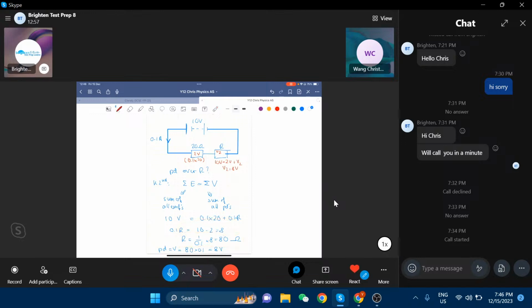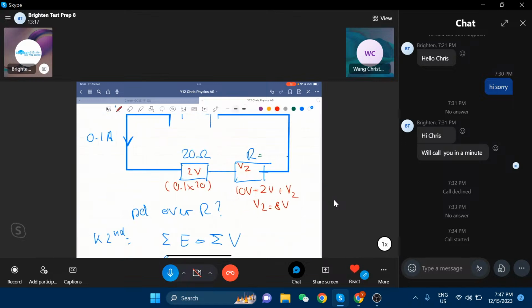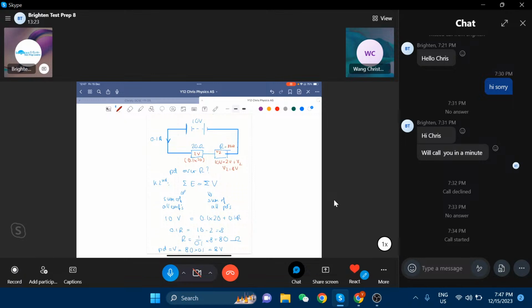So we can write it down in red because it was not known: this is 80 ohms. And then it's just very simple, right?